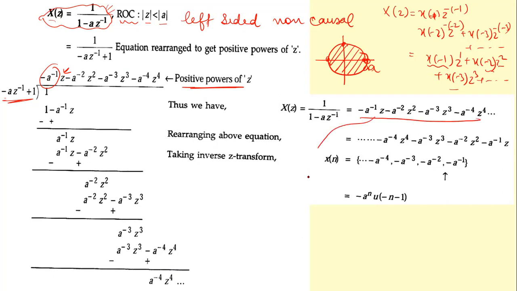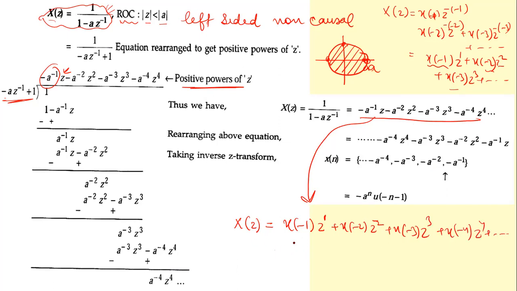If you compare this with X(z) = x(-1)z^1 + x(-2)z^2 + x(-3)z^3 + x(-4)z^4, and so on, what will you get?